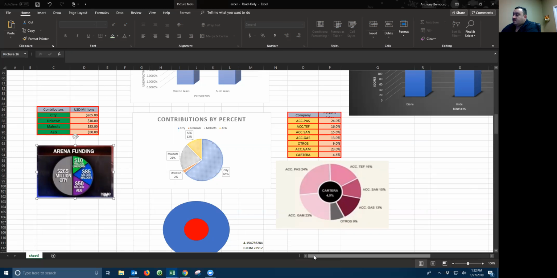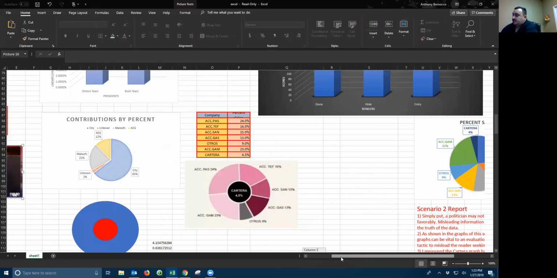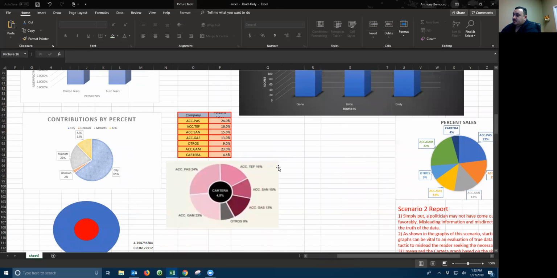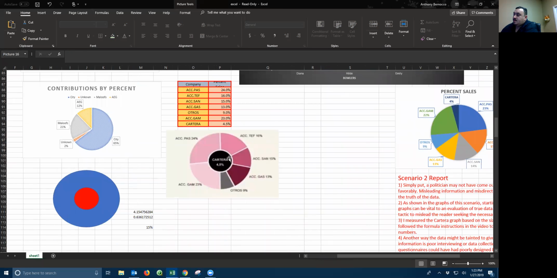Moving along to the Quartera graphic. The percent in sales in the company.